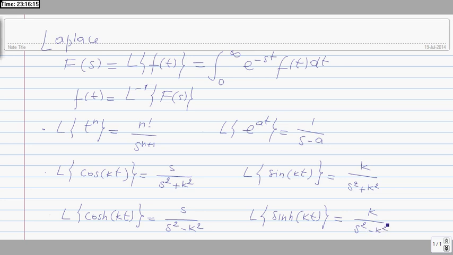Okay, so these Laplace transforms are used as the basic ones, and considering the linearity, we can find the Laplace of several functions.